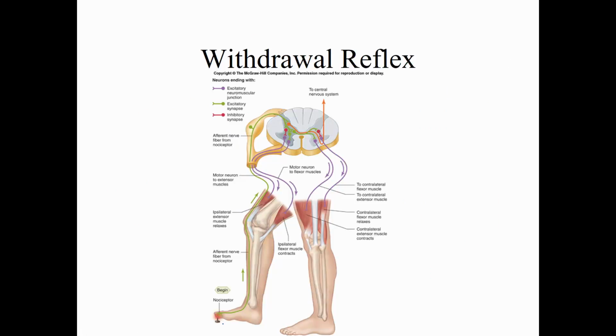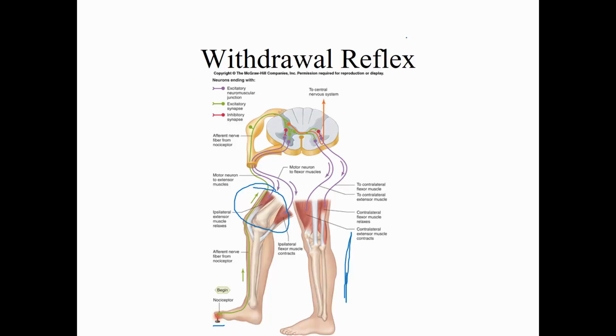So here I am stepping on a nail. That information goes to the spinal cord, and I activate a pathway where I lift up my leg and get it off of the nociceptor. I also want to support the base leg and keep it contracting so I maintain my balance.